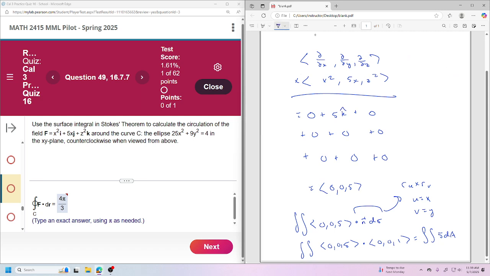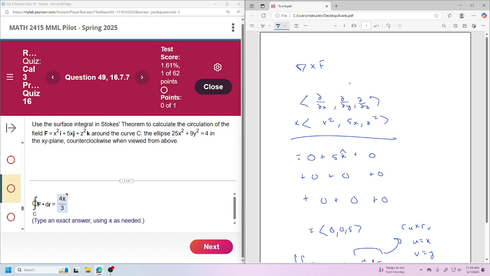I'm realizing my answer's way off, and hopefully I got points for that. So I'm going to divide everything by 4. So I've got x squared is equal to 4 over 25, and y squared is equal to 4 over 9.